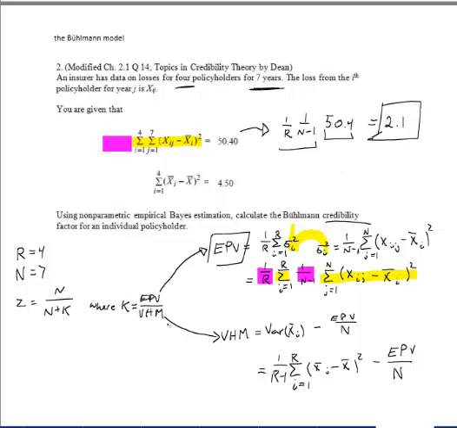And the variance of hypothetical means, remember, is just the variance of the average risks minus the expected variability per period.